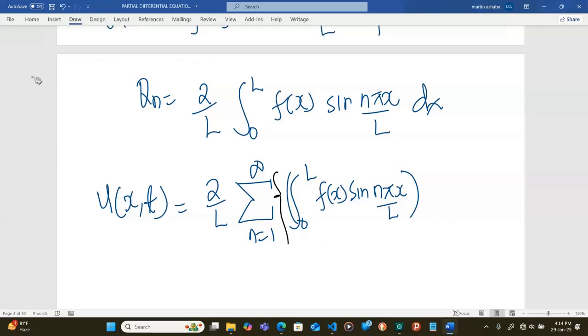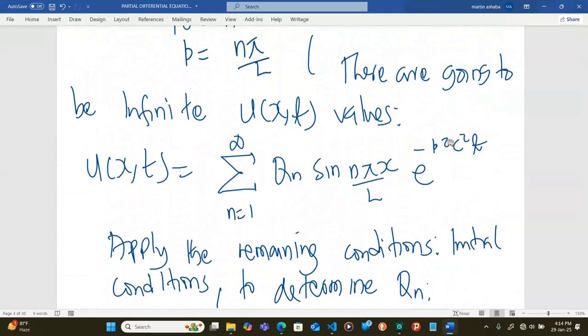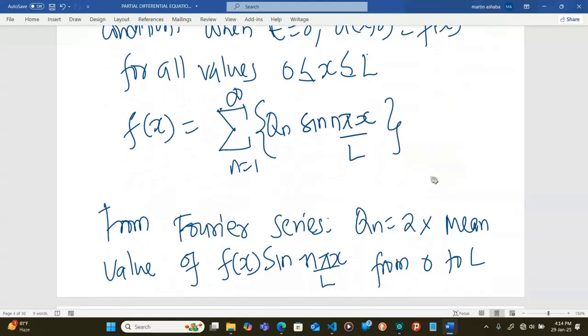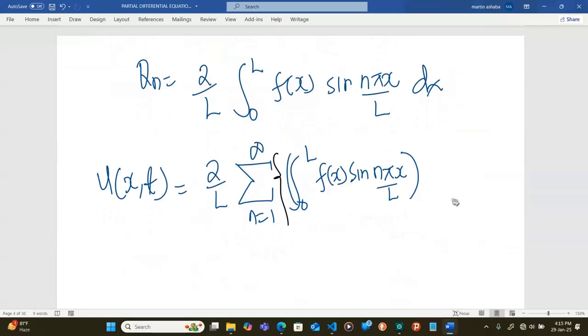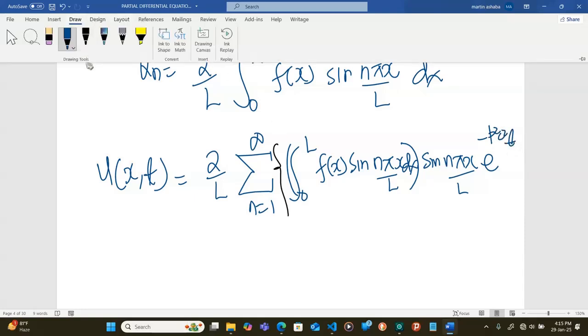Remember, this is 2n, so we are multiplying it by sine(n pi x out of L), then the exponential of negative p squared c squared t.